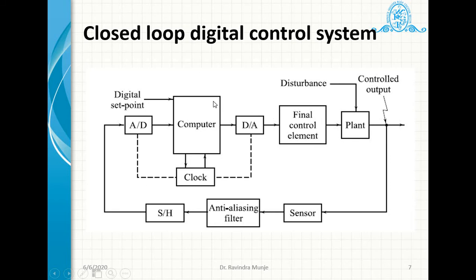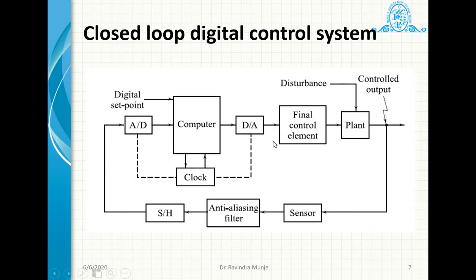Although there are some basic differences between the hardware structure and components of sampled data and digital control systems, often from an analytical point of view, both types of systems are treated by the same analytical tools.